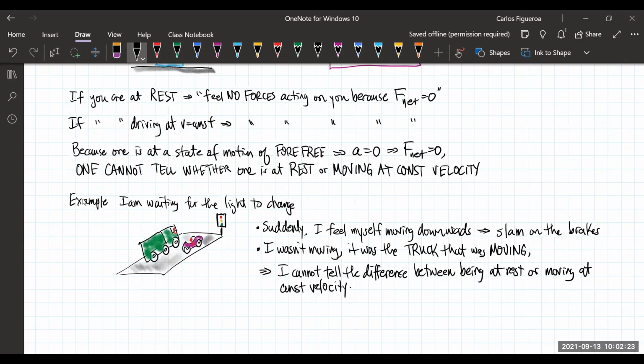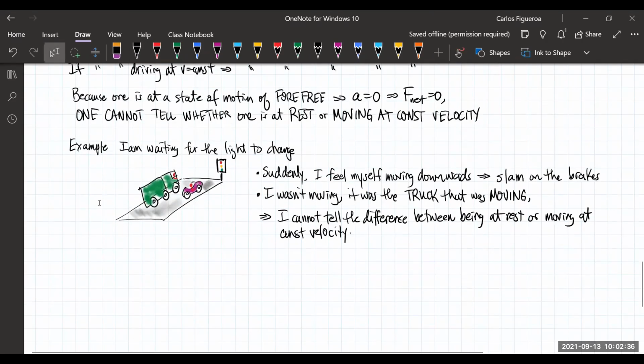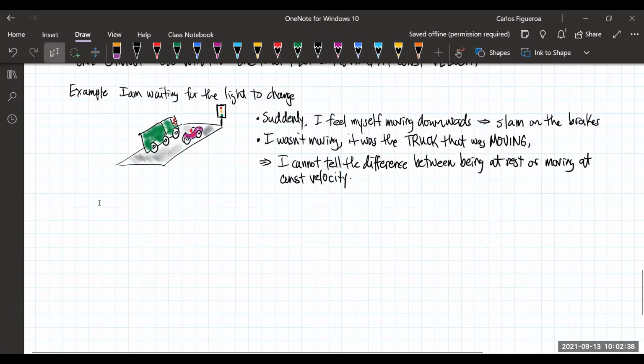And you got to admit, you probably have seen that situation, right? That is a really bizarre feeling. But that's what Newton's laws say, and that's where this starts to come a little bit surprising because you don't really notice these things.